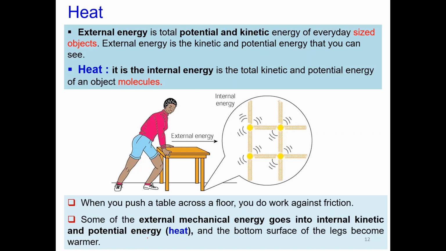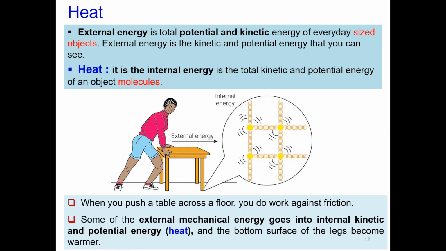That energy, we cannot see that energy. The energy is in the object, but we cannot see it. For example, if we push a table, if we exert some force against friction, then the work we are doing is converted into kinetic energy.